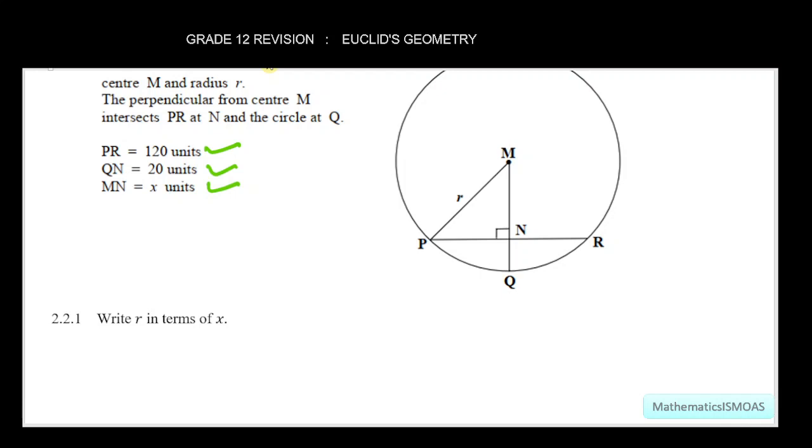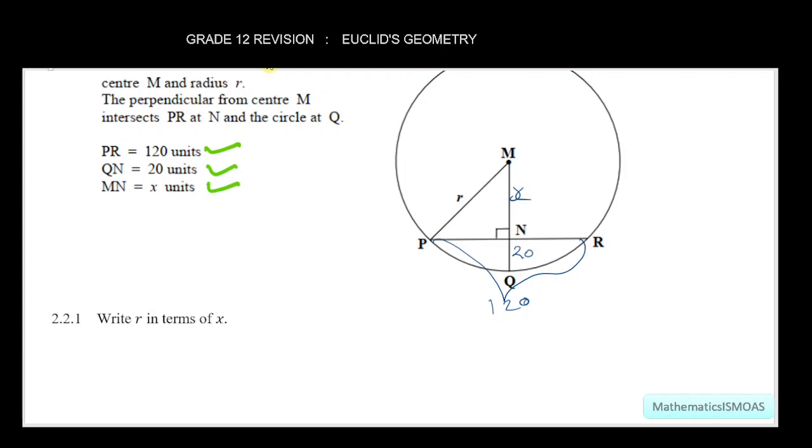Firstly, we are given MN is X. We are also given QN, which is 20 units, and PR, which is equal to 120 units.